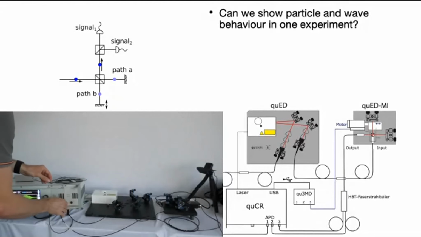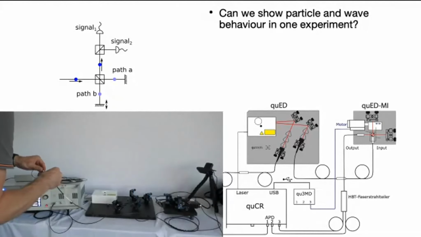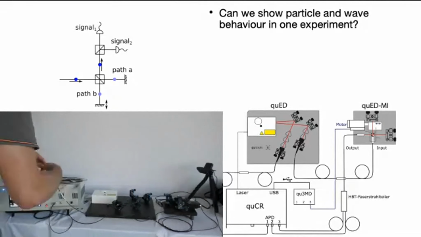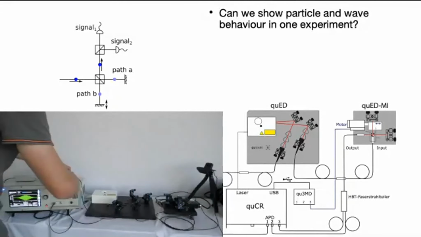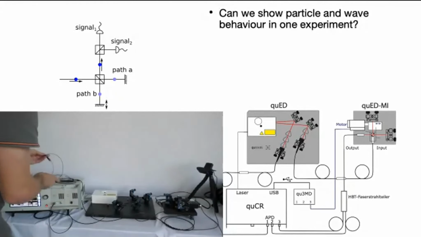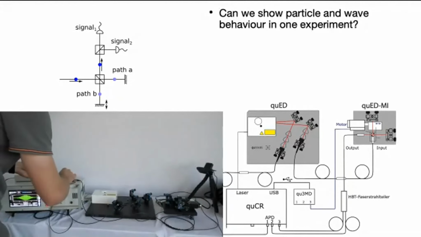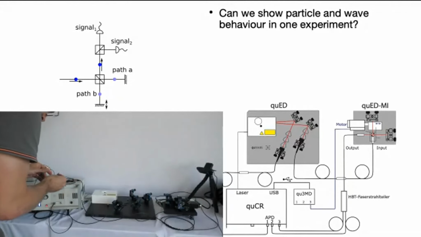This is what I'm doing here now. Like this. And then I will connect the 2 outputs of this fiber beam splitter to these 2 other detectors.